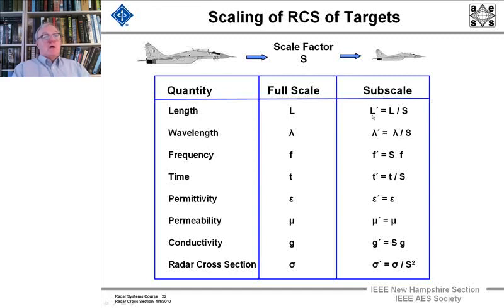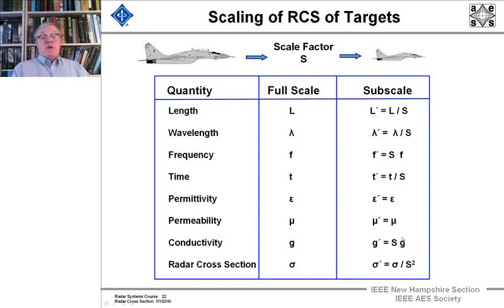So for a scale model that's a tenth the size, you take the length, divide it by 10. And the wavelength will be divided by 10. You have to multiply the frequency of the radiation by 10. And the time, divide by 10. Permittivity and permeability remain the same, and the conductivity has a scale factor of 10.